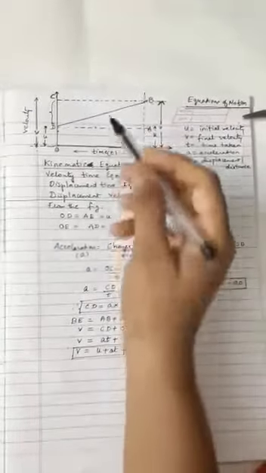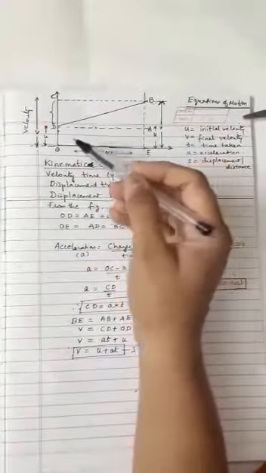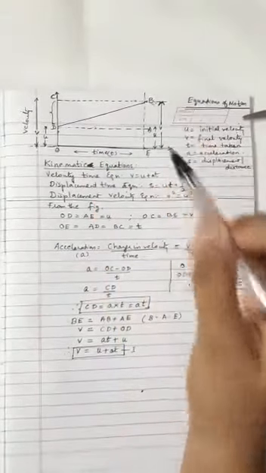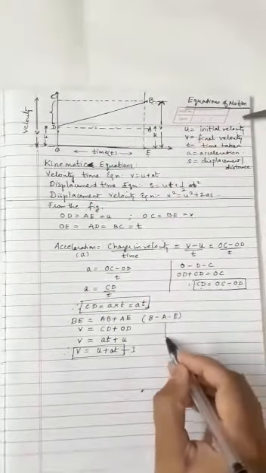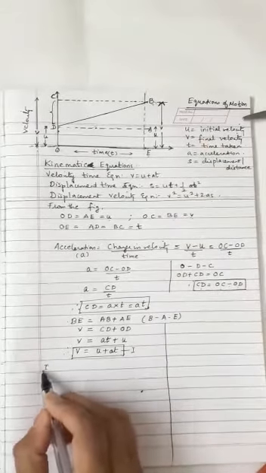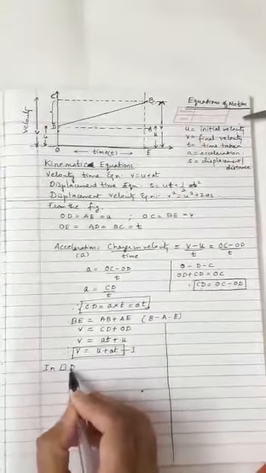Now look in the graph, children. We have quadrilateral DOEB. Look in the graph carefully.